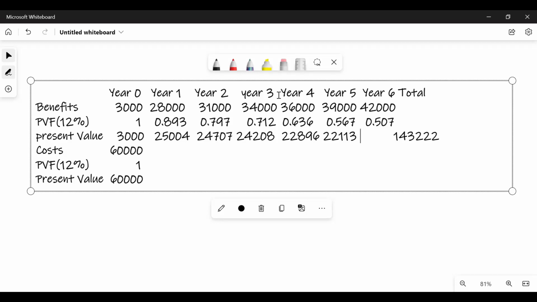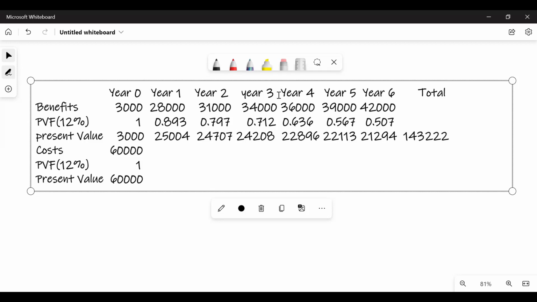And for year 6, 21,294. Altogether, when you add everything together, you should be getting 143,222. That is the total benefit for 6 years.